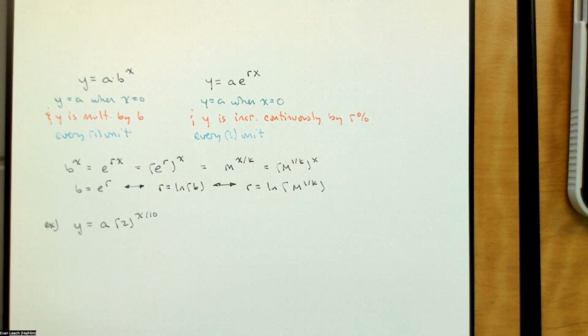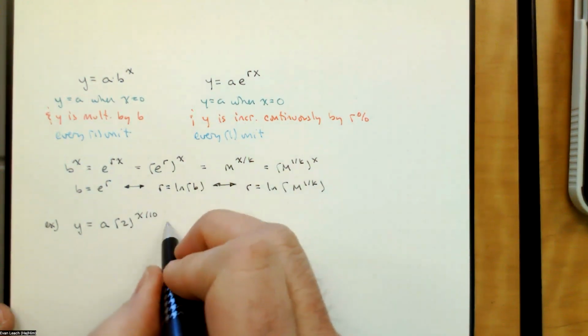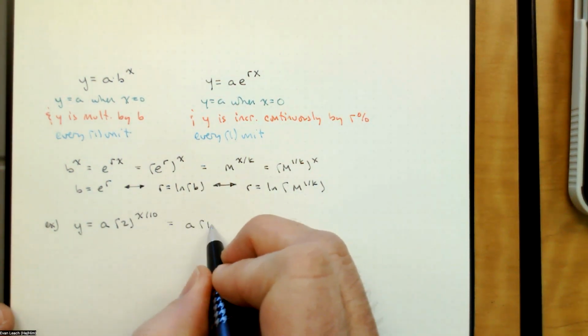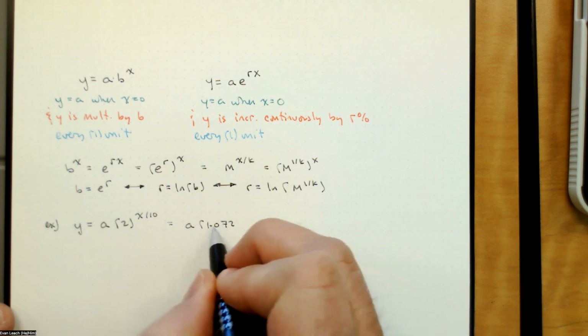We found out that this was equivalent to approximately 1.072 every 1 unit.